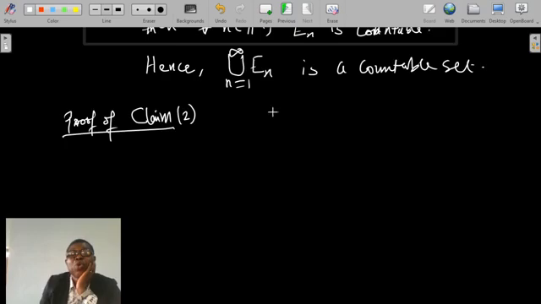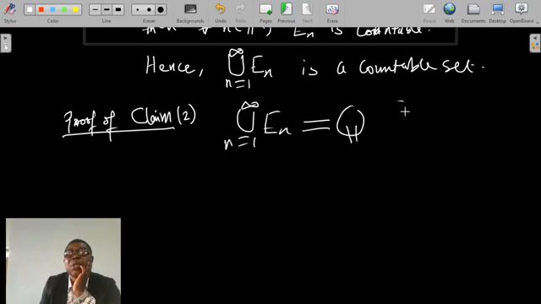What are we trying to prove in claim 2? We want to show that the union n equals 1 to infinity of En is equal to Q, the set of rational numbers. How do we go about it?